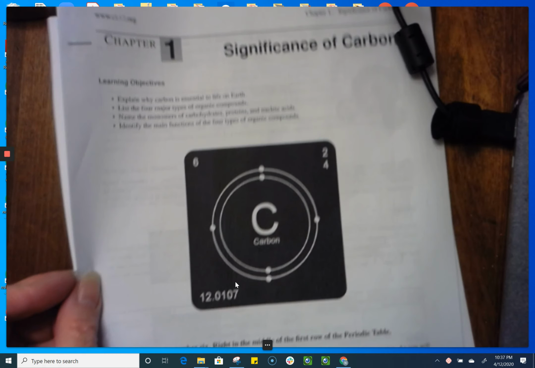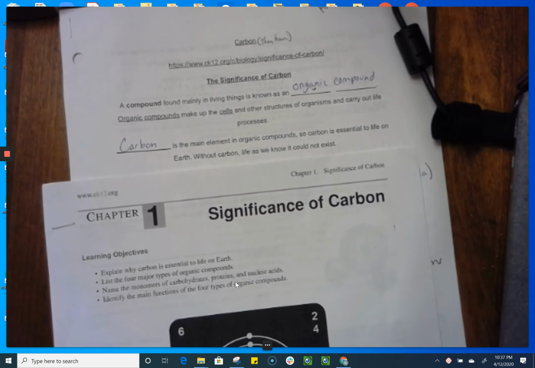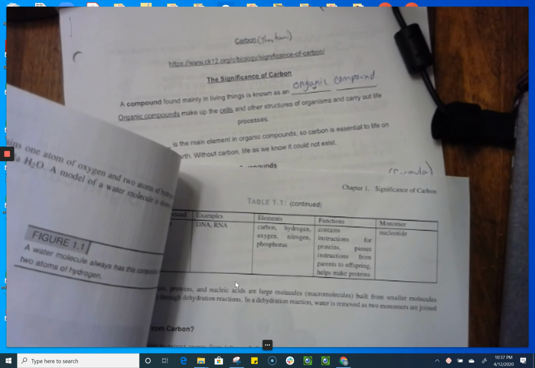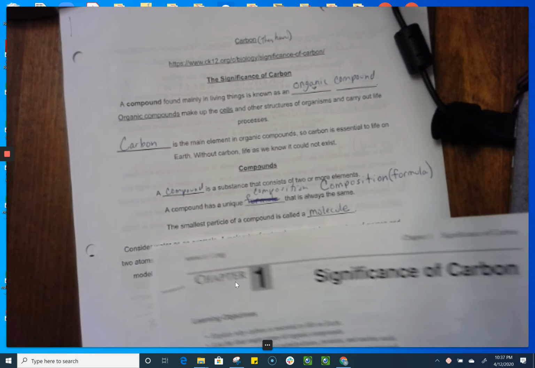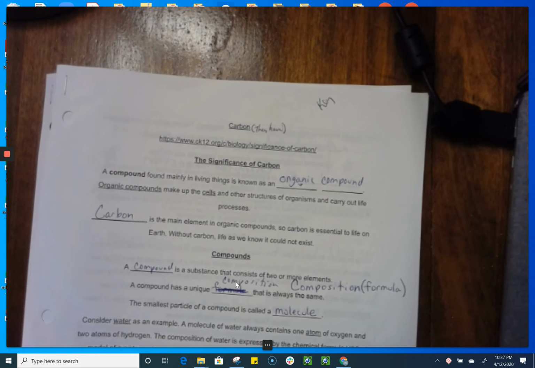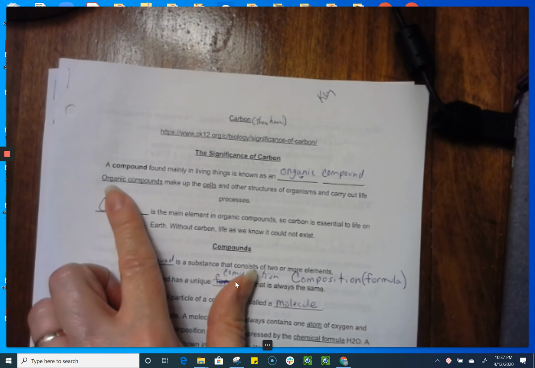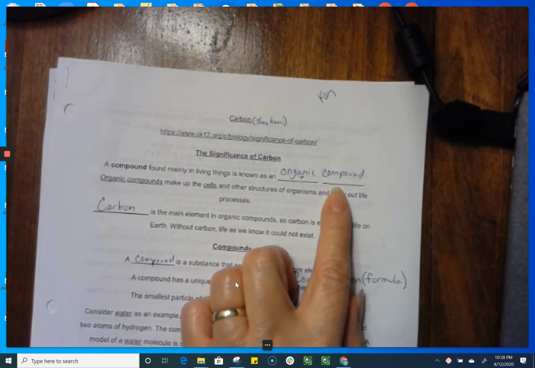So you had a handout that went with this particular CK12 reading material. So, significance of carbon, and I'm going to go through the answers with you. A compound found mainly in living things is known as an organic compound.